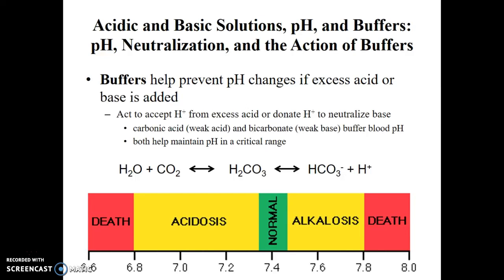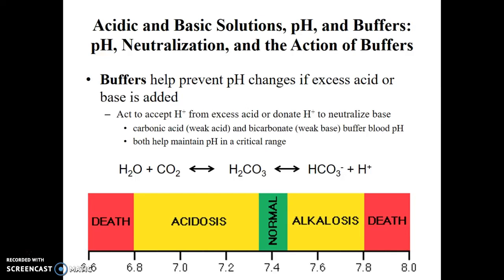Blood has a pH that is slightly alkaline or basic. So it's above 7.0, which is neutral. We have a range of 7.35 to 7.45.